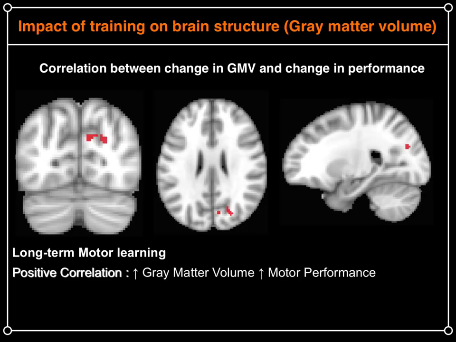Now, if we take that same data and run it through the VBM, or voxel-based morphometry pipeline, and you look at correlation between change in gray matter volume and change in performance, we do see some significant changes in the trained hemisphere. However, this is in volume space, and it doesn't overlay well with the surface maps that we saw.